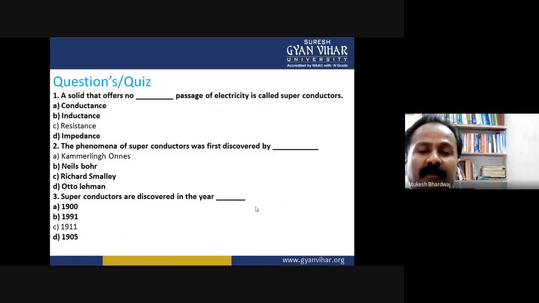From their magnetic properties, superconductors are classified into two groups.